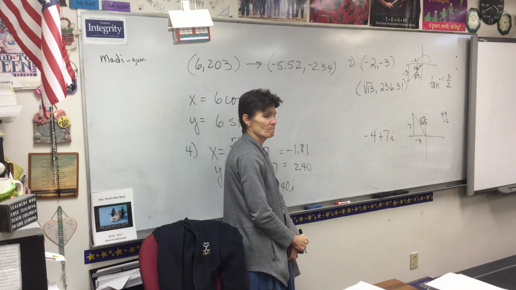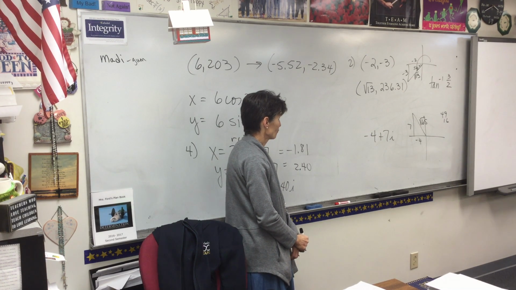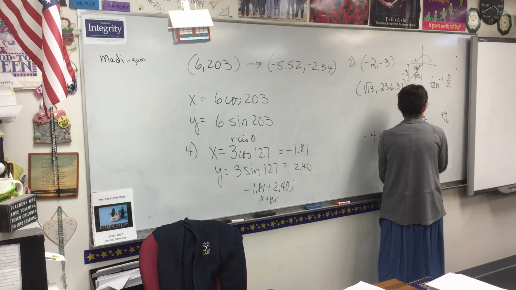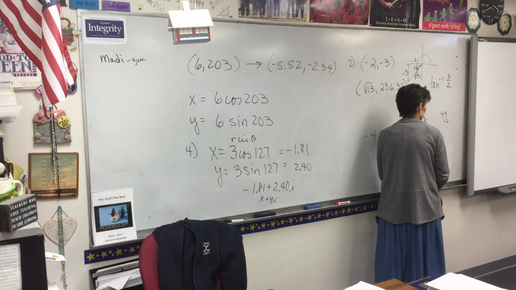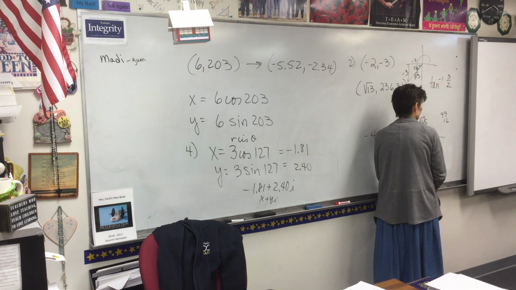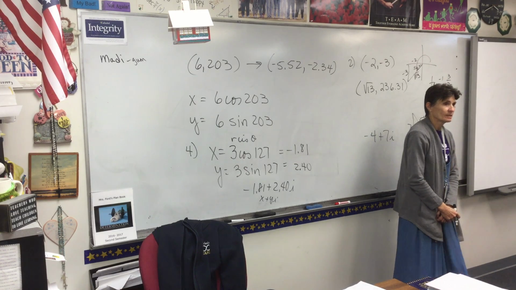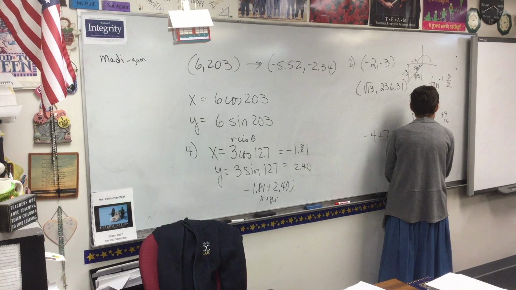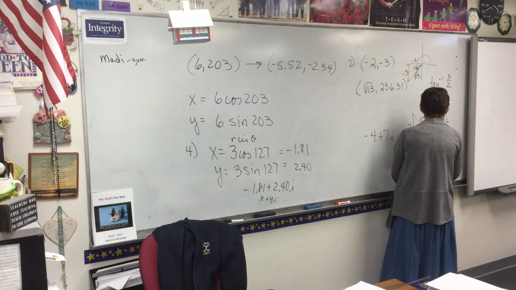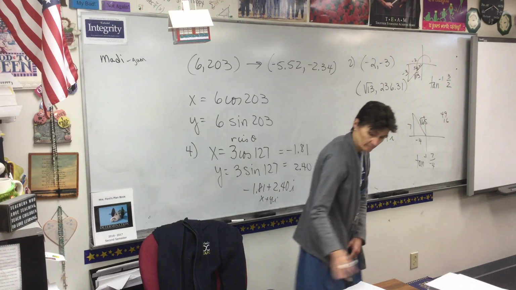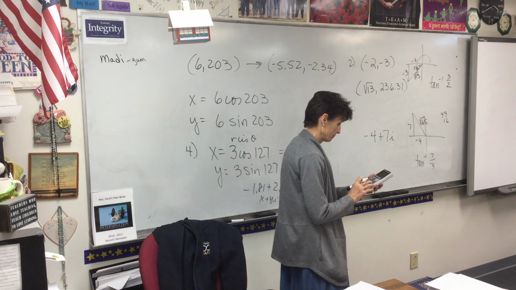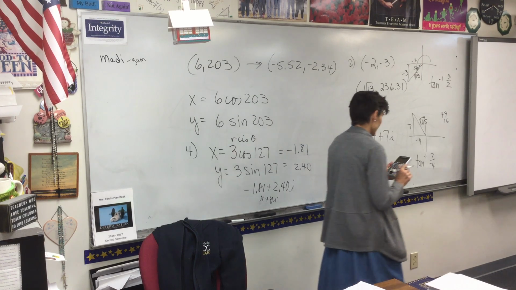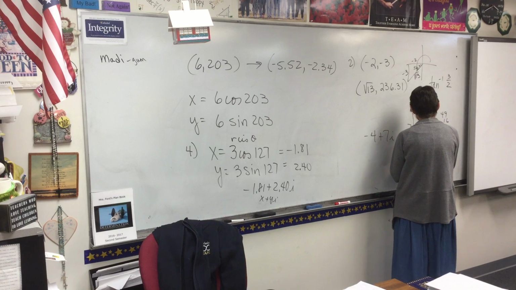Is that okay? Peyton, how do I find my angle? Second tangent. To find my angle, I use second tangent. So it's 60.26.